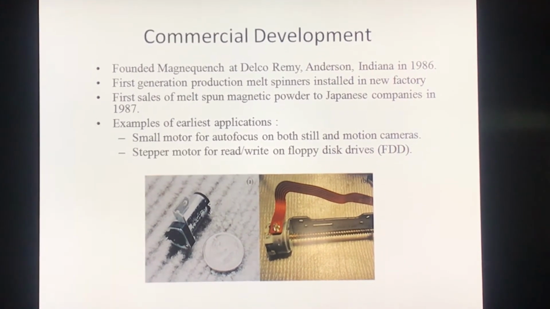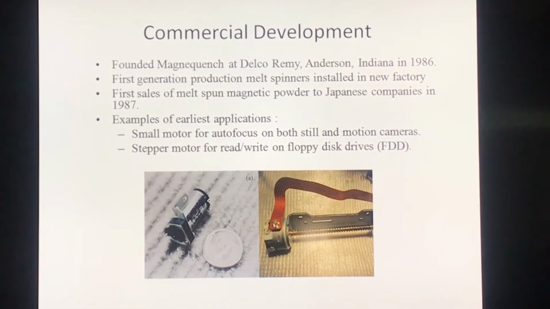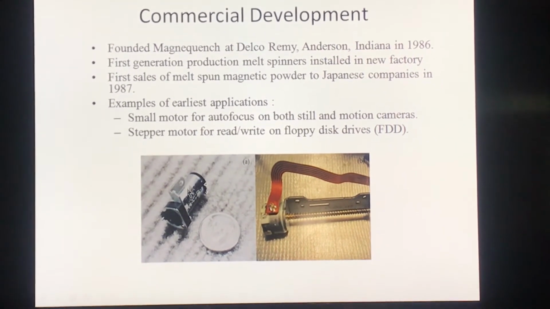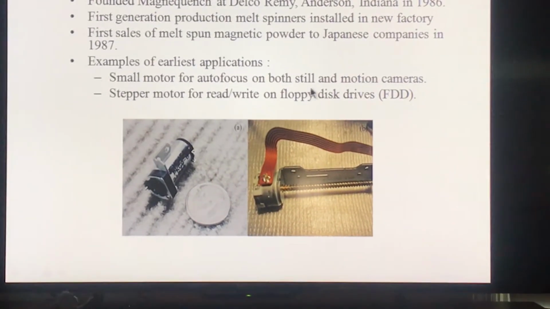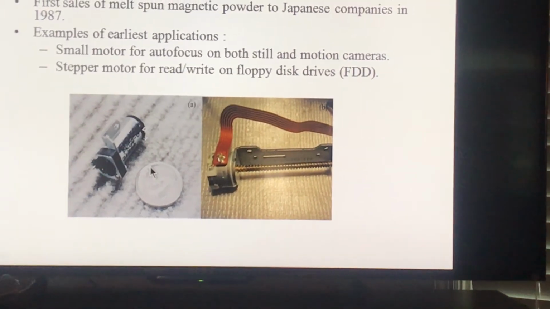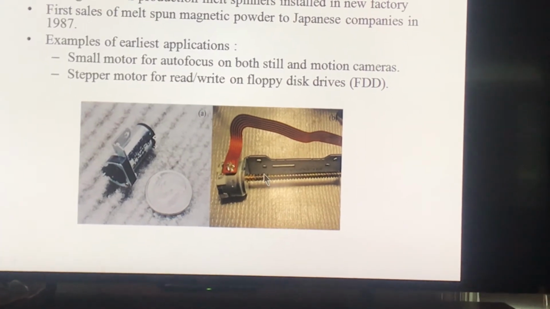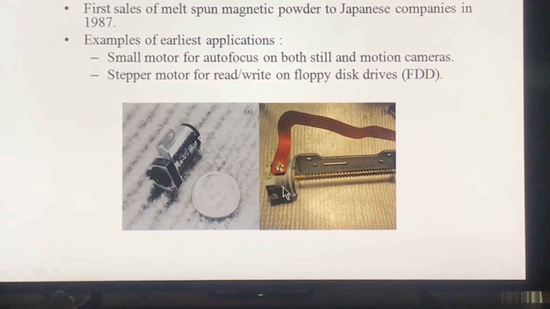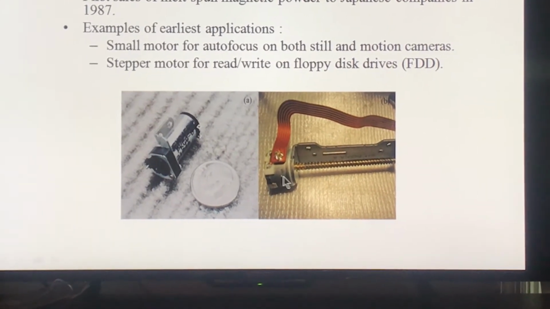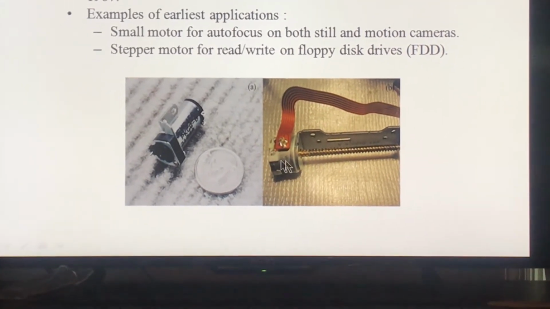And this is just some of the very first applications for this material. This is a small motor for an autofocus for both still and motion cameras. This is a US dime. This is also a very famous but old, now extinct product. This is the stepper motor for the read write on the floppy disk drive.